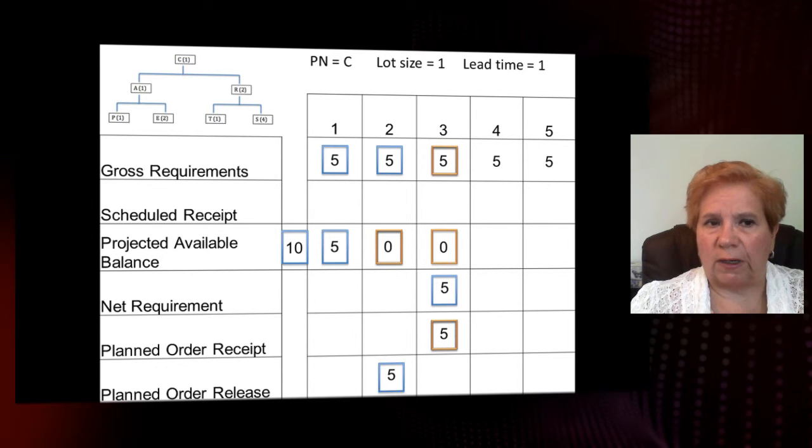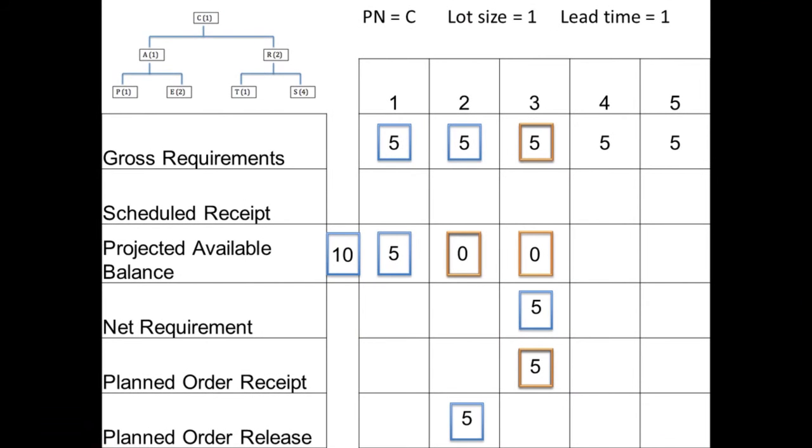All right, moving on to period 4. We take our PAB in period 3 of 0, our previous period, minus our 5. We have a net requirement. We have a planned order receipt, that same quantity, because of our lot size of 1.